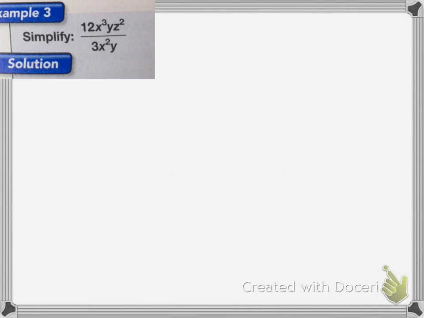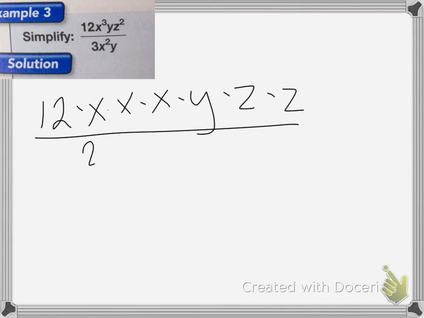Alright, so when we divide terms, we can remove pairs of factors that equal 1. So here I have 12x cubed yz squared over 3x squared y. If I was to write that out, it would look like this: 12 times x times x times x times y times z over 3 times x times x times y.